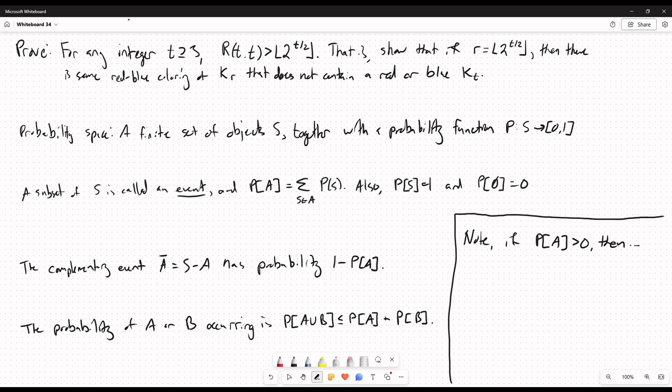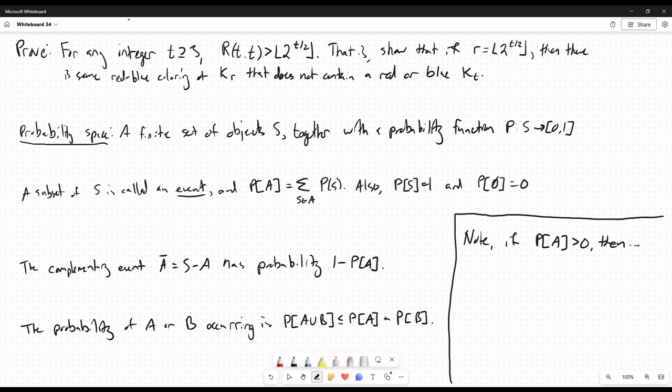So we need to introduce a few terms about probability. We're going to have this thing called a probability space, and that's just a finite set of objects S together with a probability function P going from S to [0,1]. As we go through these definitions, let's talk about what the relevant things are going to be in our proof.